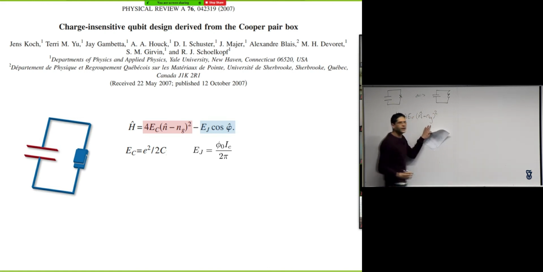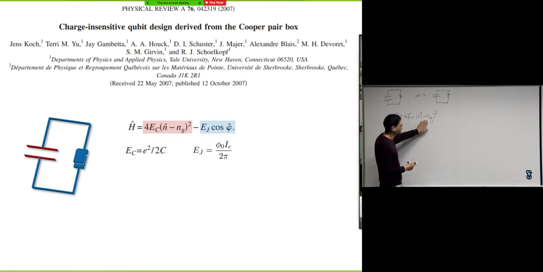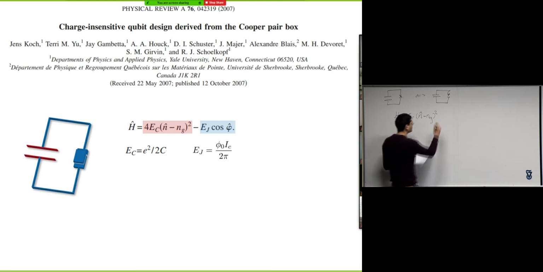Now, Ng over here is just some offset charge. If you're putting in a circuit, you can think of a gate voltage that you can put some offset charge. It's not really needed in the transmon because, I will show you in a moment, it's a remnant of the charge qubit. But in the circuit, you can just put a gate voltage. But we can take it to 0 for simplicity.